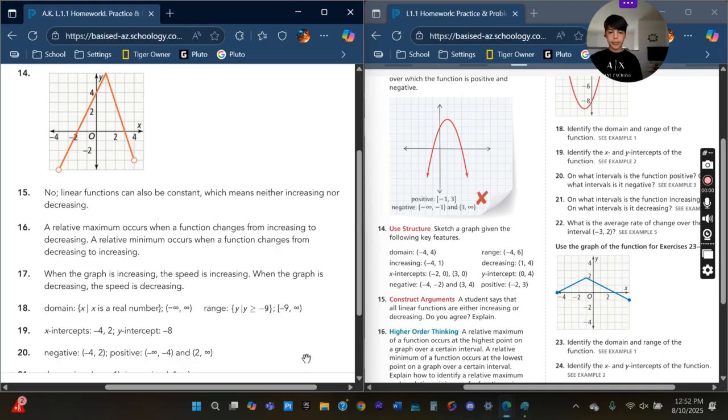So that would be for number 15. Your answer for number 15 would be no, because a line can be either horizontal or vertical.